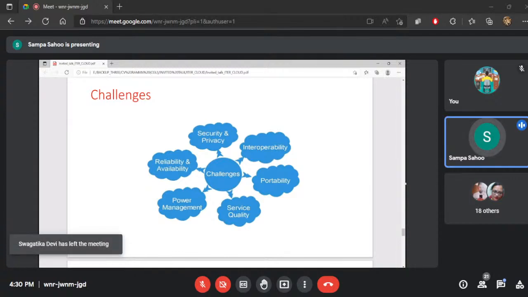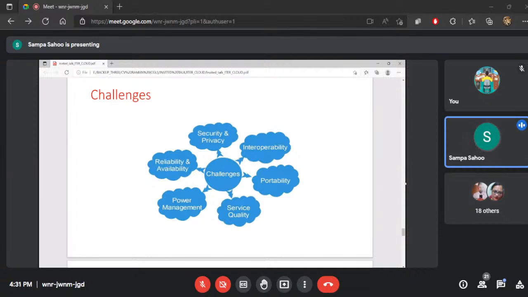Suppose a company wants a particular service from Amazon, which is one of the cloud service providers, and it wants another service from Google, which is also a cloud service provider. Then how will that Google cloud service and Amazon cloud service integrate with each other?